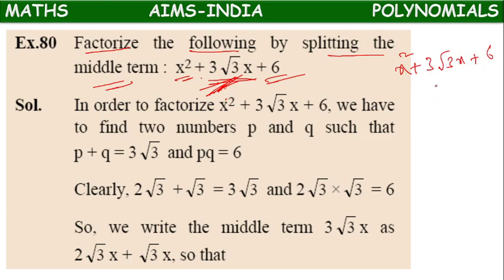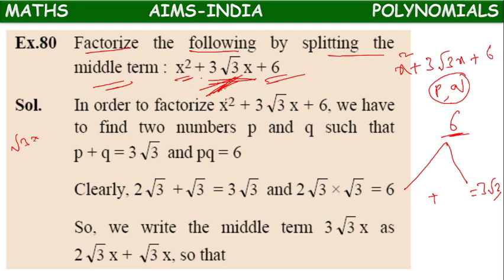Okay. So we have to find two numbers p and q such that their product is equal to 6 and their sum equals 3 root 3. So what can we take? Root 3.